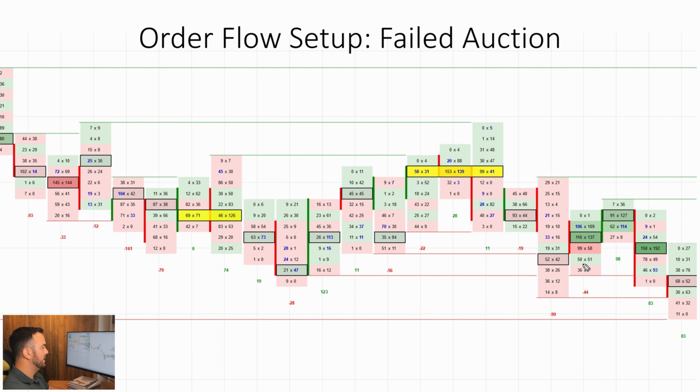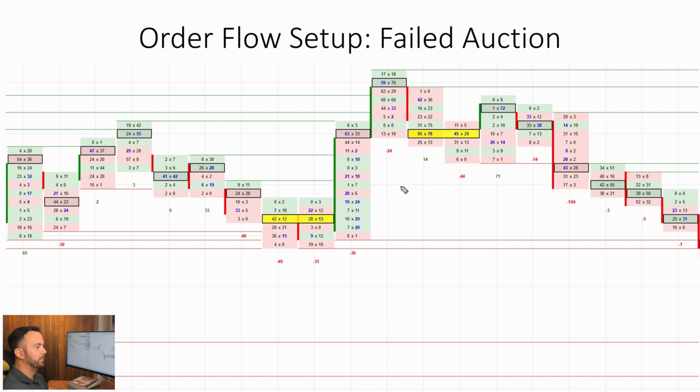Or another example, we have a failed auction in here, also some historical, which is not visible, but we have those 3 lines rather close to each other, and price went boom, testing all 3. On this example, again, we have those 3 failed auctions, and see what the market does.